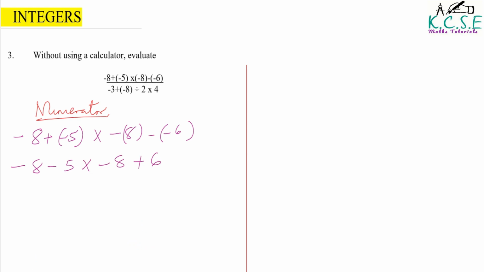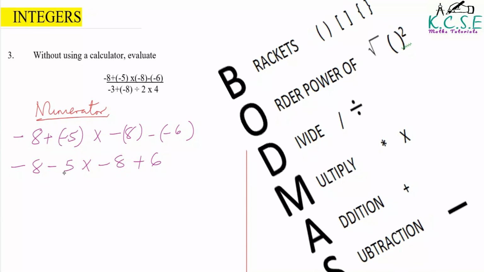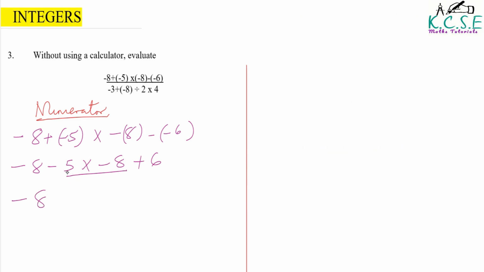Now, the first operation using the rule of BODMAS, we're going to begin with, here we have a subtraction, addition, multiplication. So we're going to start with this multiplication. So negative 8, then this is negative 5 multiply by negative 8, which will give positive 40, then plus 6.